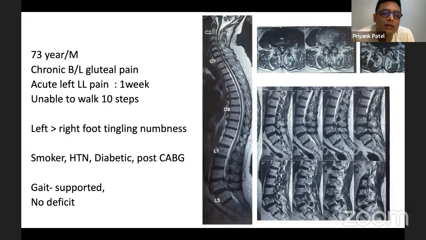If you see that the post void residual is more than 300, it means that there is a pre-existent involvement of the bladder, and there is a chance that after surgery, the patient will go into something called bladder decompensation, which means that for a couple of weeks, the tone of the bladder is going to be less, and the patient who might not have been on a catheter will go back on a catheter.